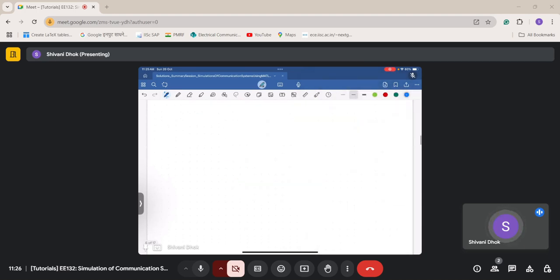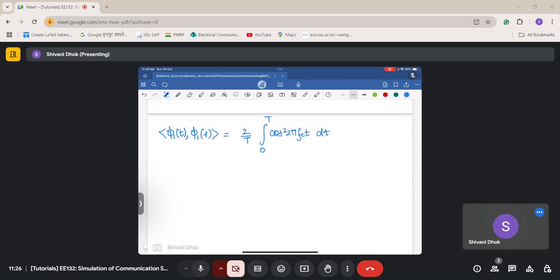Then let us check the inner product of phi 1 of t with itself. That will be equal to 2 by T integral 0 to T cos square 2 pi fc t dt. This is equal to 2 by T integral 0 to T of 1 plus cos 4 pi fc t by 2 dt.